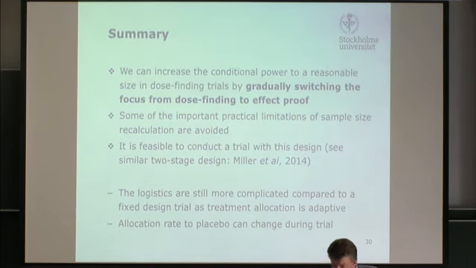I skip these and as a summary, we can increase the conditional power to a reasonable size, like we had here in the example 70%, in such dose finding studies, with the trick that we gradually switch from the dose finding objective to focus only on effect proof.